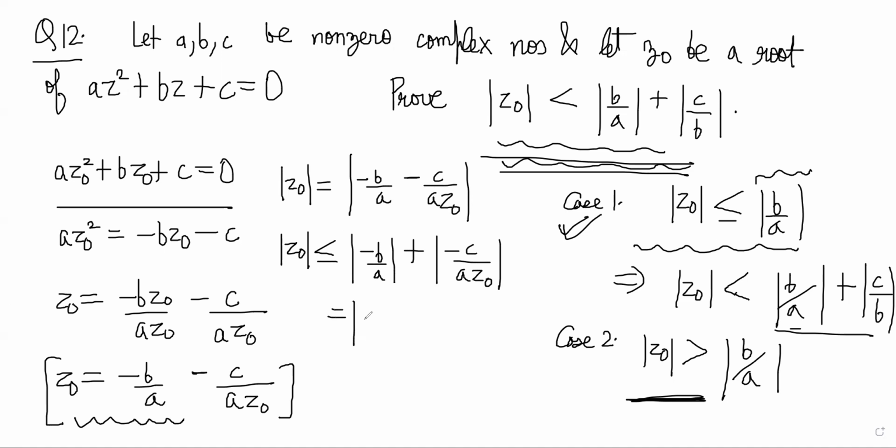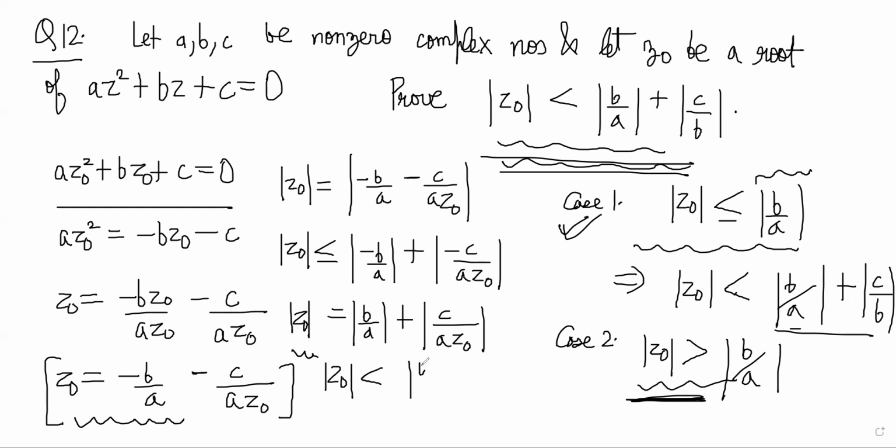This is same as mod of b by a plus mod of c by a z0. But we know mod of z0 is greater than b by a. So replacing mod of z0 here with a smaller value of b by a, we'll be able to say mod of z0 is less than mod of b by a plus mod of c by a and b by a.